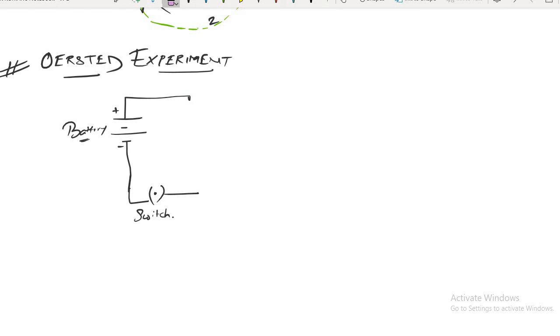Or it can be as simple as this, no problem. There's a circuit. Let me bring a compass here. Okay, this is a compass.